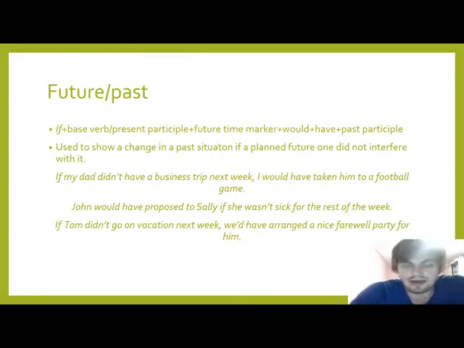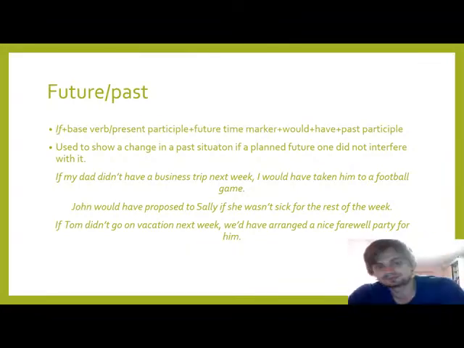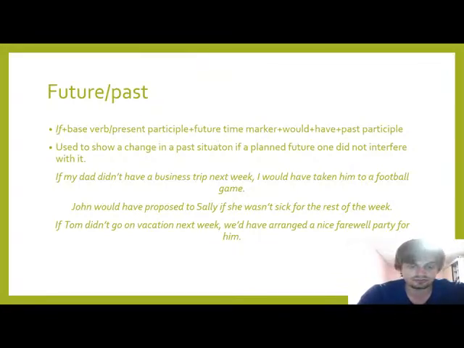So what we have here is that the speaker's father has a planned business trip, but the son or daughter has two spare football tickets, and in case their father actually did not have to leave for the business trip, they would have gone together and seen the match.